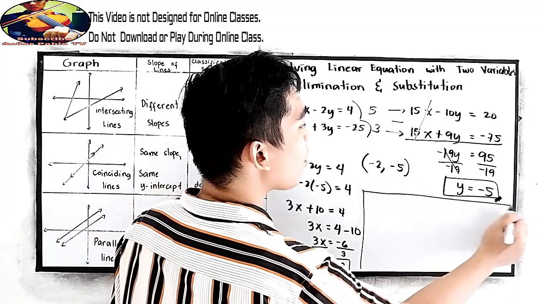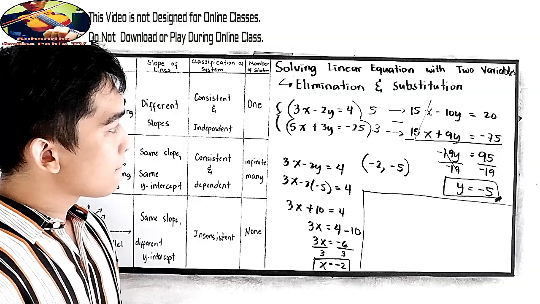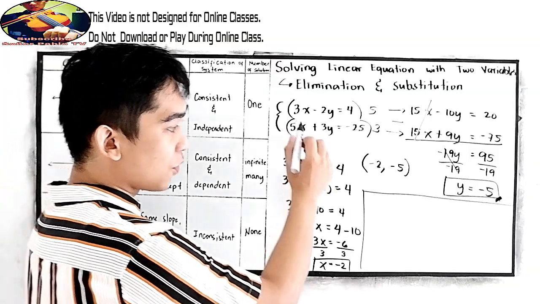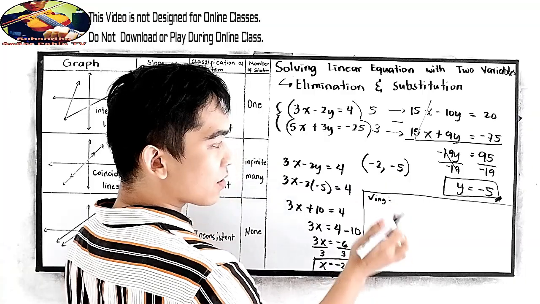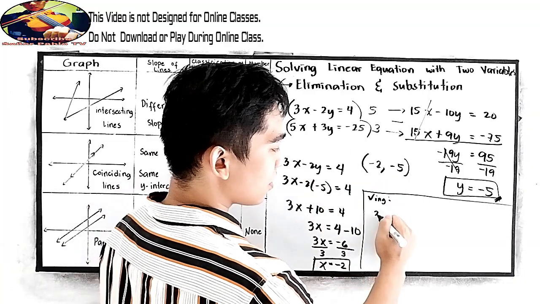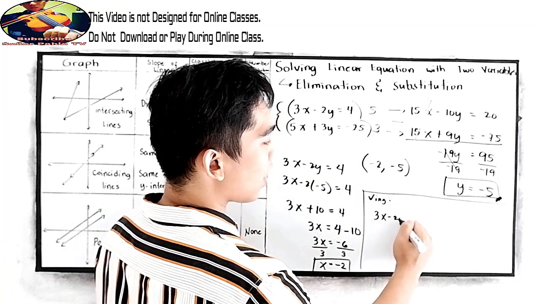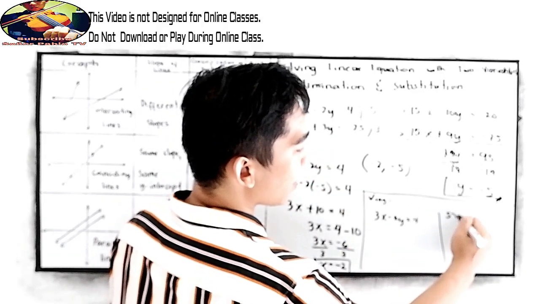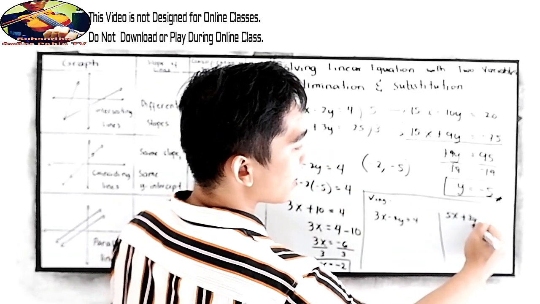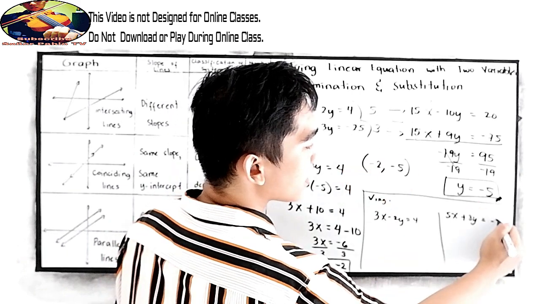And now let us check our answer. For the checking, let's just substitute. 3x minus 2y is equal to 4. And the other one, 5x plus 3y is equal to negative 25.